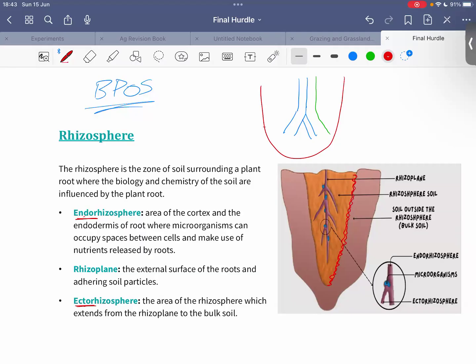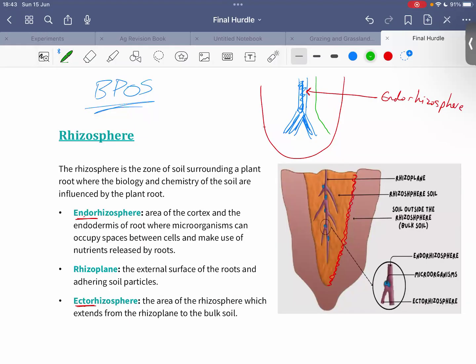Okay, so inside the actual blue, we'll say is our plant root. Again, not a hectic artist, but I would be saying that this is the endorhizosphere. Okay, so that is the endorhizosphere.